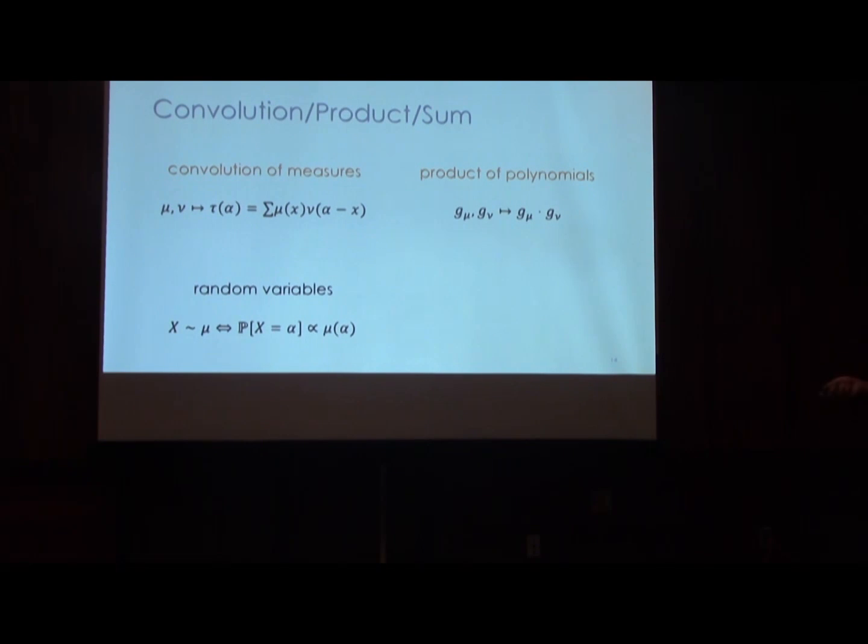In terms of random variables, taking the convolution or the product of the generating polynomials translates to taking the sum of independent random variables. So if x is distributed according to mu and y is distributed according to mu, x plus y would be distributed according to the convolution of these measures, or its generating polynomial would be the product of the generating polynomials.